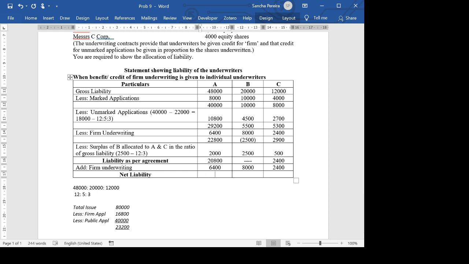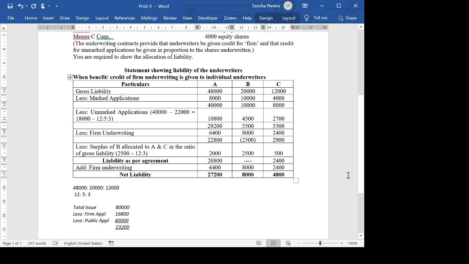So basically A has to take up 20,800 under the agreement and 6,400 under firm underwriting. So the total comes to 27,200. B does not have to take up anything under agreement, only under firm underwriting. So it's just 8,000. And in case of C, it is 2,400 under agreement and 2,400 under firm underwriting, which becomes 4,800.